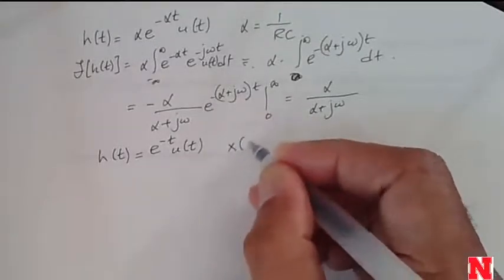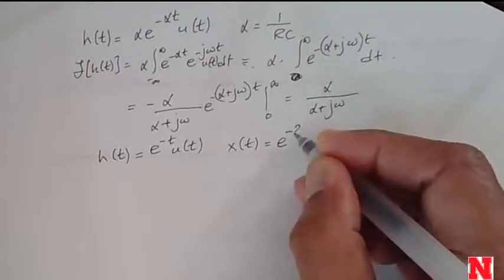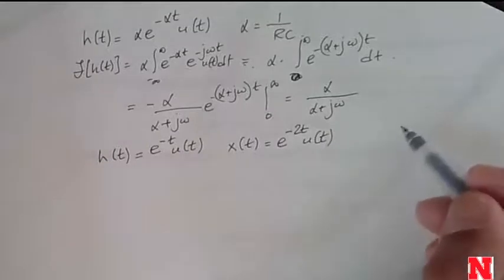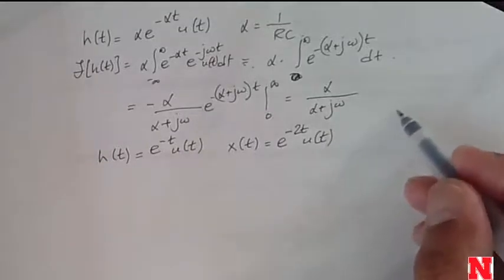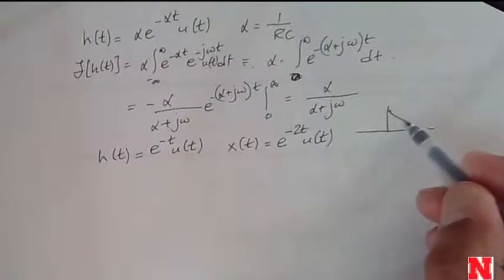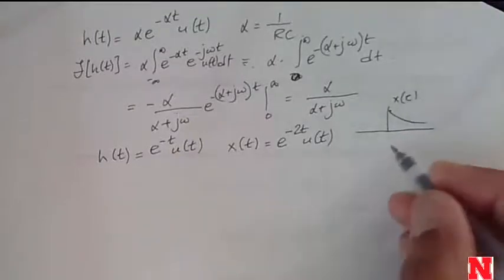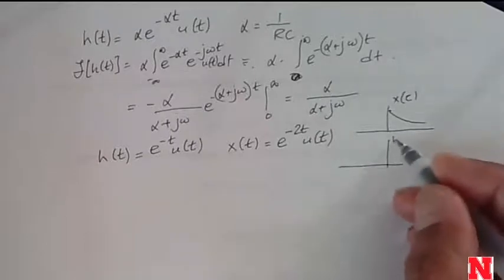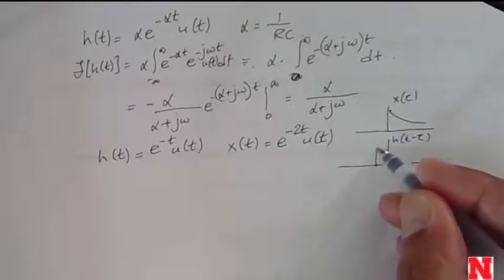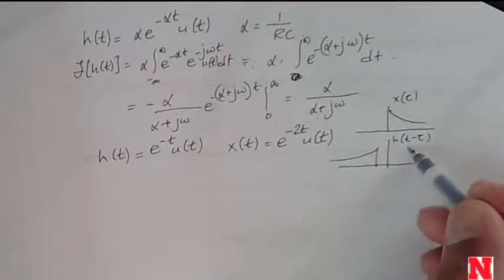So let's suppose x of t is equal to e to the minus 2t u of t. Right, so we get, if you do this the convolution way, let's suppose this is x of tau, and then you have h of t minus tau, and if t is less than 0, it'll be back here, and if t is greater than 0, it'll be up here.